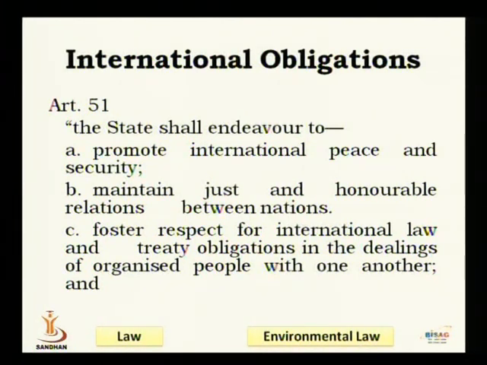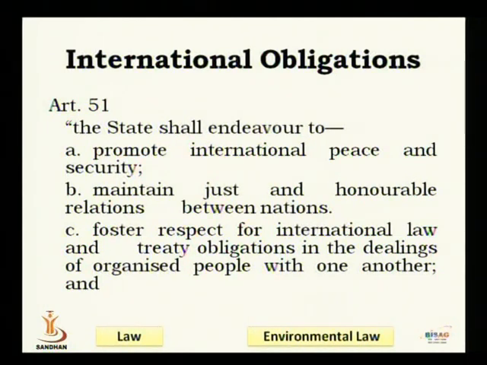Just and honorable relations between nations. It provides the neighborliness principle of international law, whereby each state must behave in a manner which is not detrimental to the neighbor state.